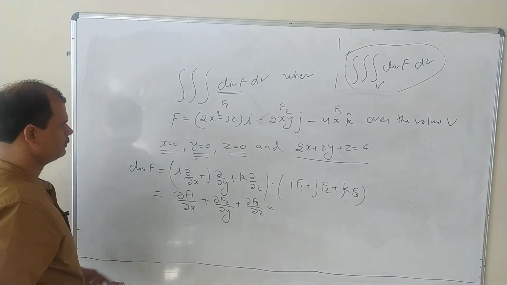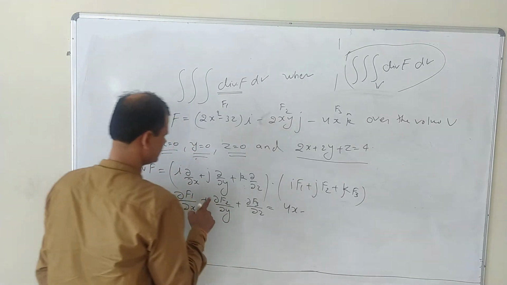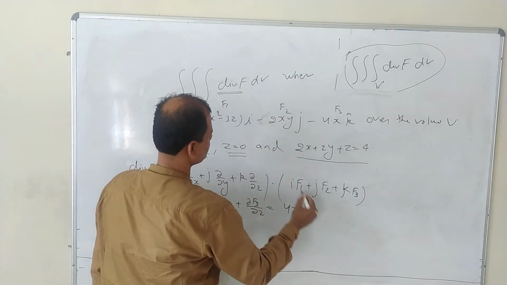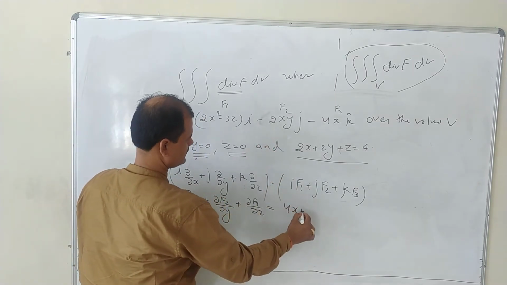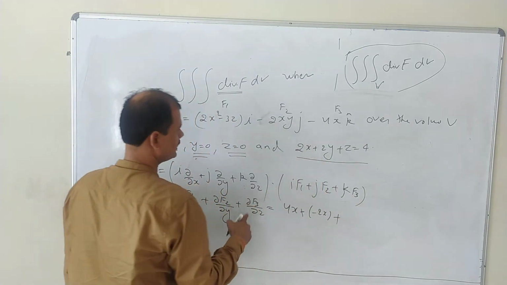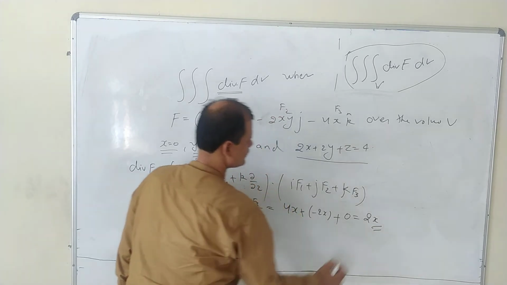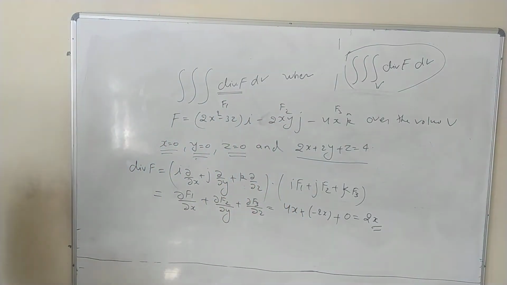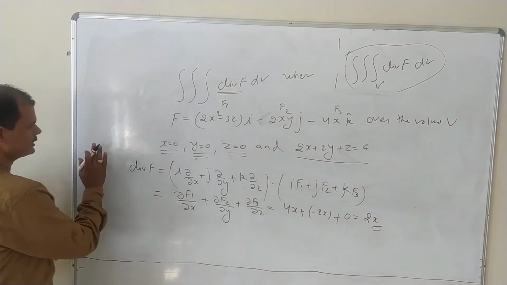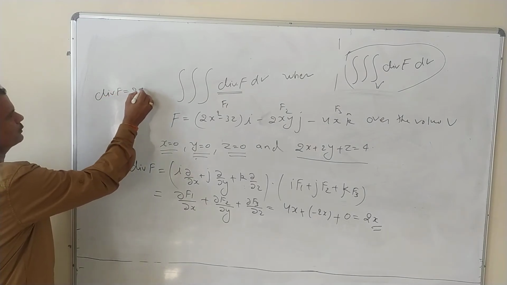Now del f1 by del x gives 4x, del f2 by del y gives minus 2x, and del f3 by del z is 0, so we get 2x. So divergence of f is 2x, that is not a problem. The only thing we need to see is the region that is given. So I write here divergence of f equal to 2x.